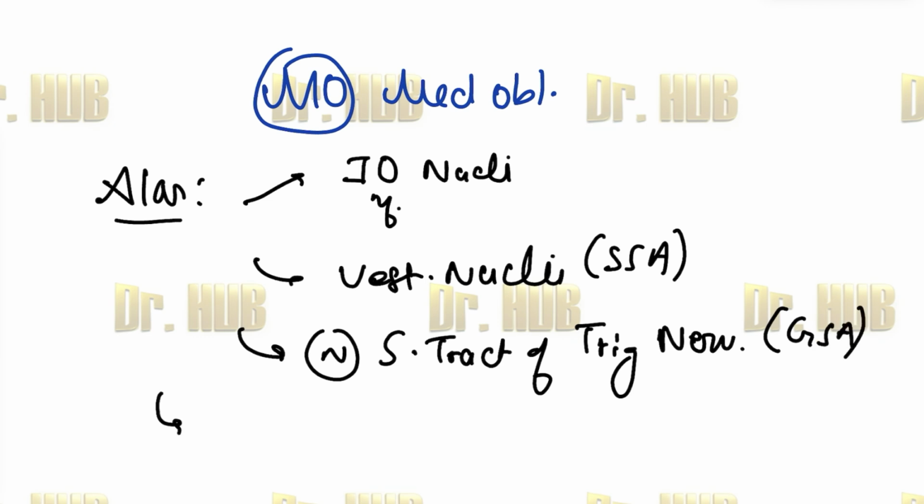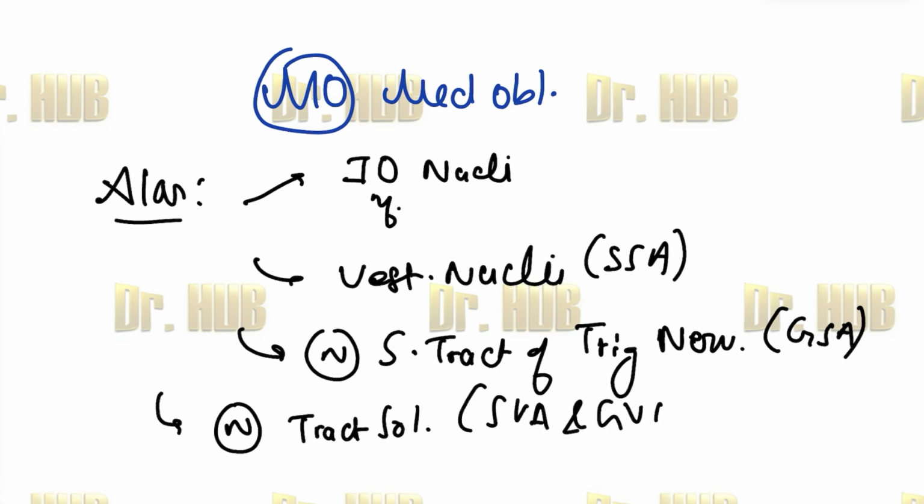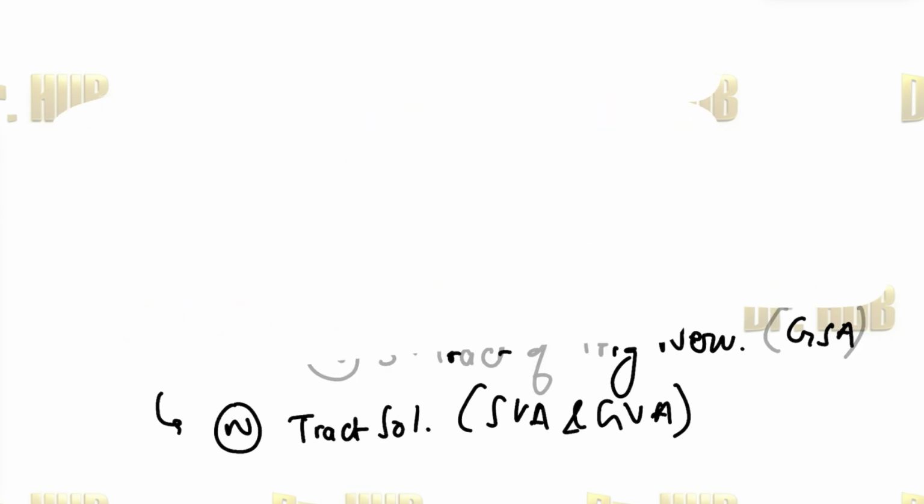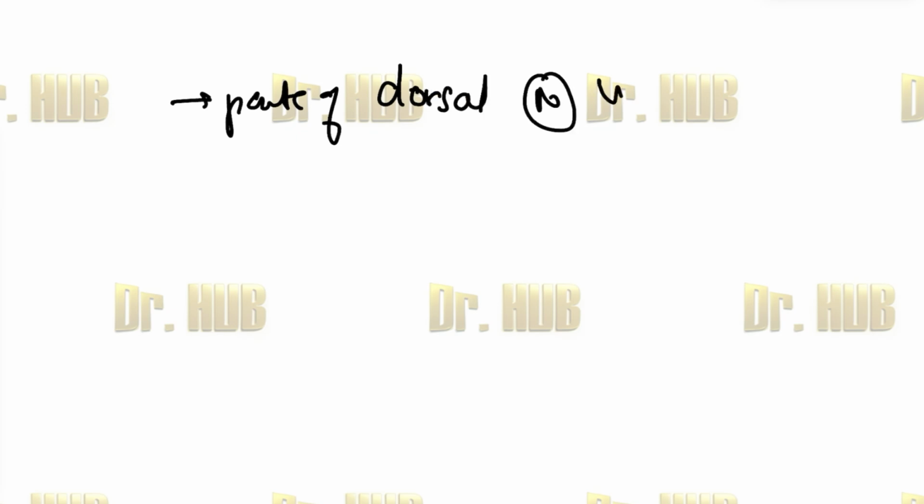Next is the nucleus of tractus solitarius, this includes the SVA and the GVA. Moving on, under the alar lamina, there are also parts of the dorsal nucleus of vagus.